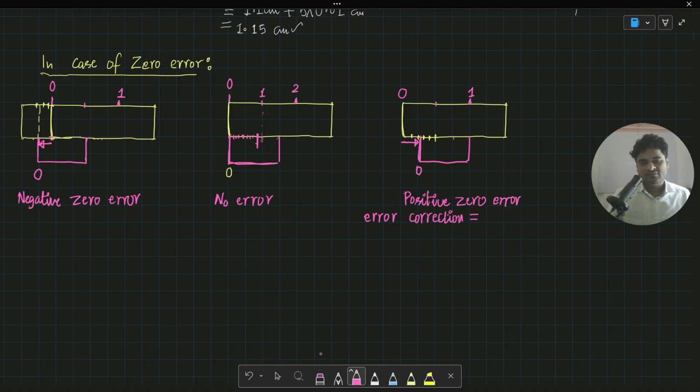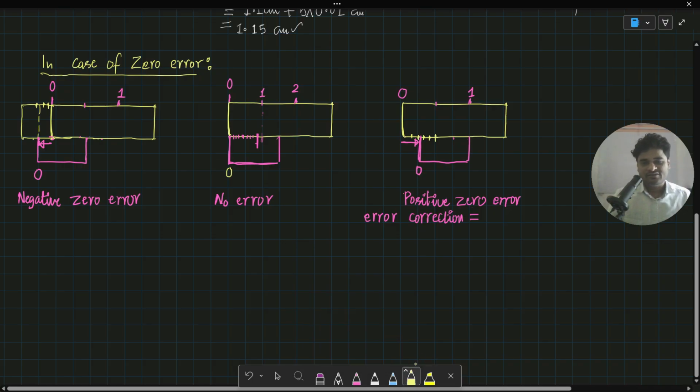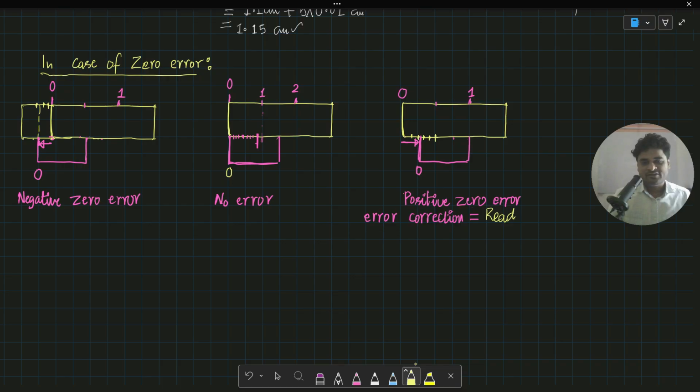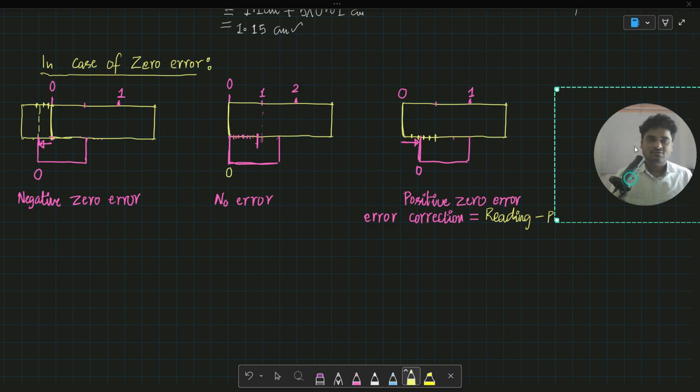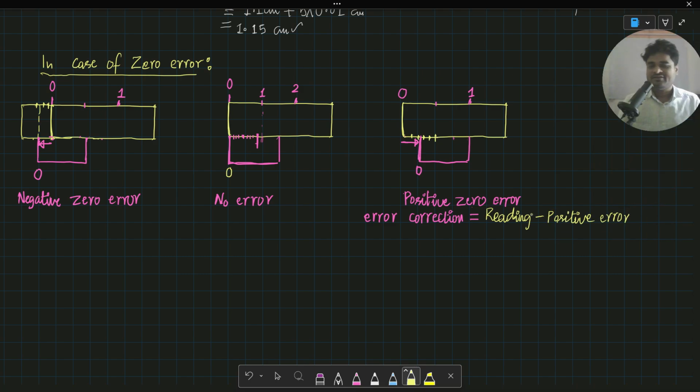Whatever reading we get from this instrument, from that reading we subtract this positive error, and in the case of negative error, we subtract the negative error.